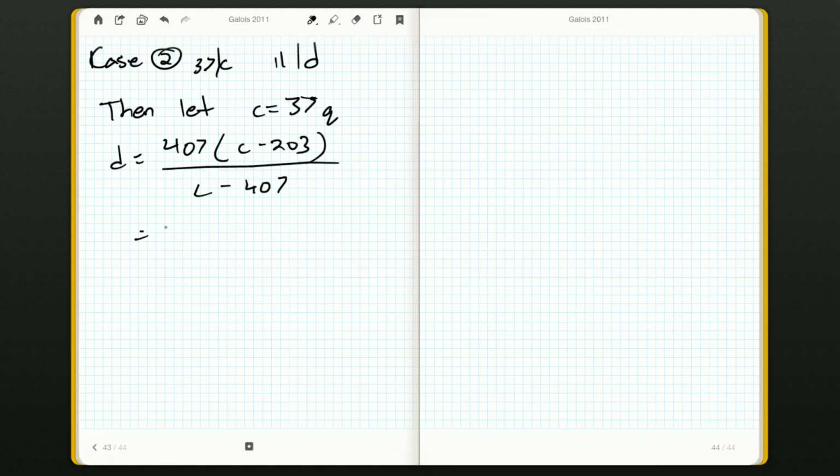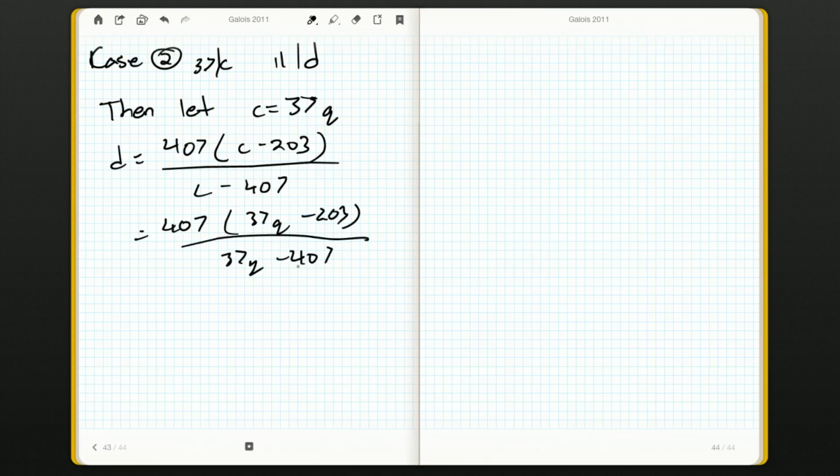Let's substitute in our 37q. So we'll be able to take out a factor of 37 here, here, and here, left with an 11 up top. So it's 11 times 37q minus 203 all over q minus 11.